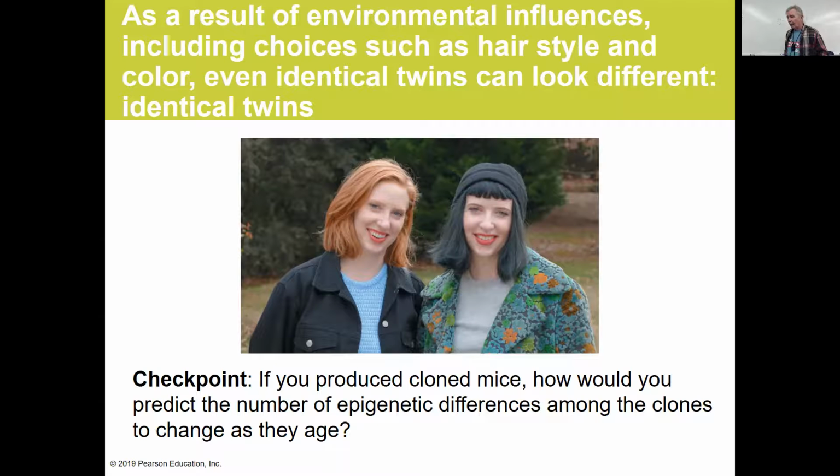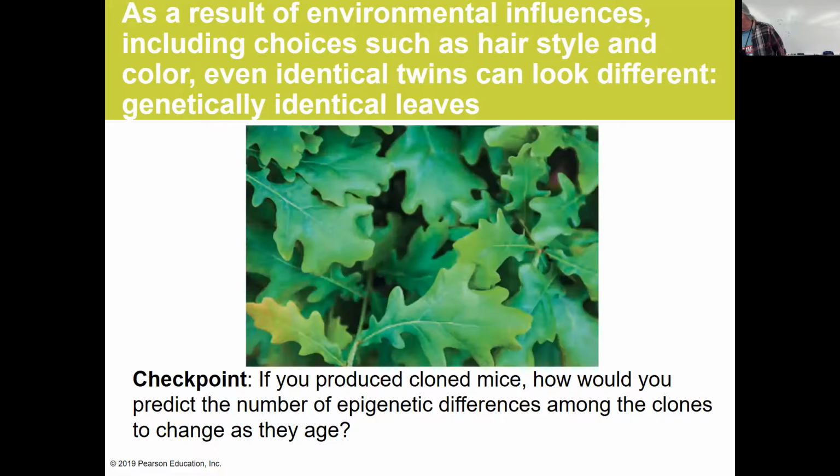If you produce clone mice, how would you predict the number of epigenetic differences among the clones to change as they age? Well, you can look at the number of different things they're doing to look at the epigenetic changes. Okay.